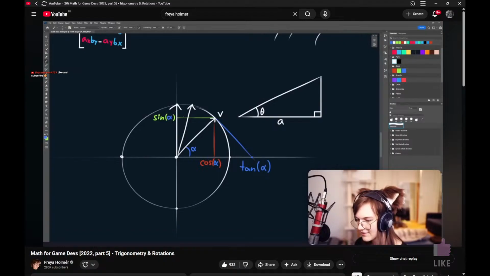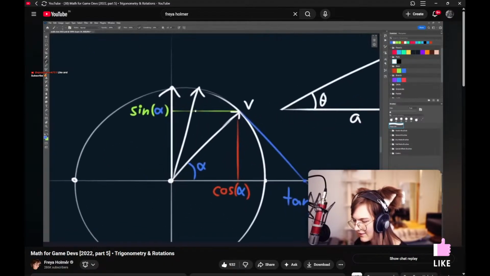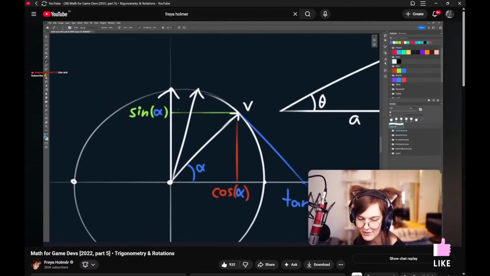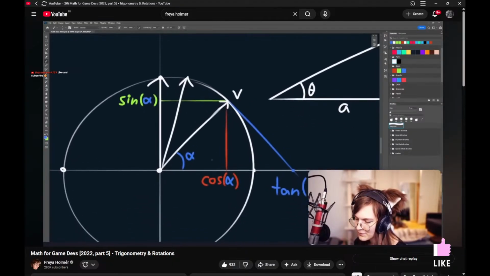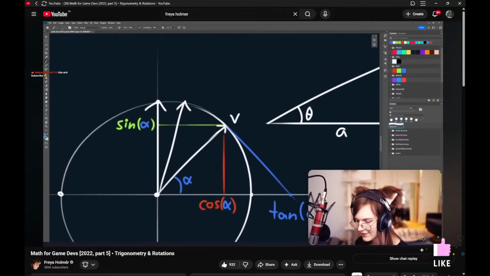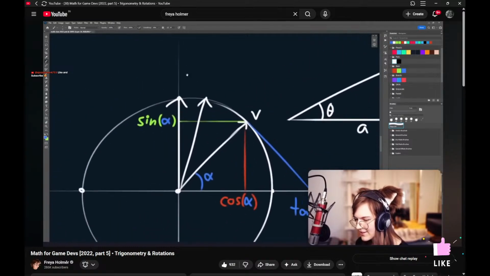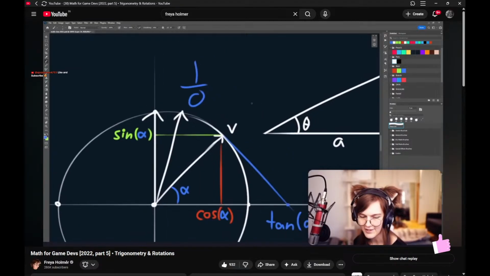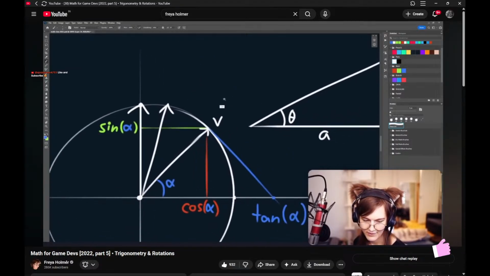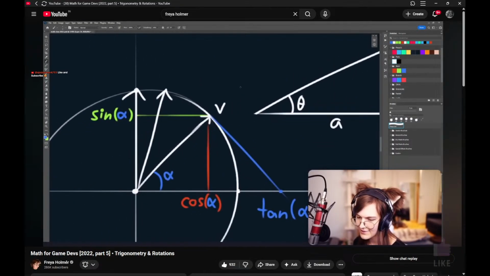Yeah, that makes sense. Then it's sine divided by cosine. As we go up, sine is approaching 1, and cosine is approaching 0. So what tangent is approaching is 1 divided by 0, which is infinity. So sine divided by cosine is not smaller in that case.